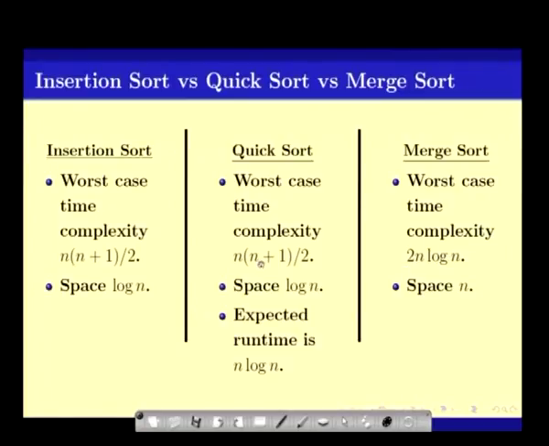N squared to n log n is a huge jump. In the space complexity, insertion sort and quick sort both took log n, but merge sort took n steps in space complexity, and quick sort in the middle also showed that in expected runtime quick sort requires n log n steps.